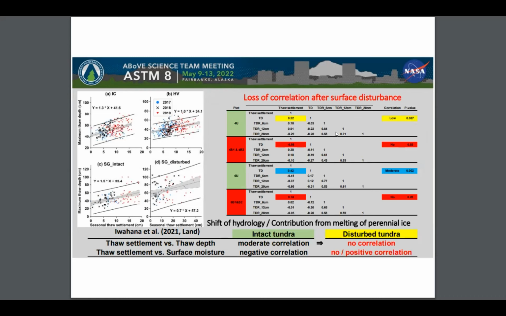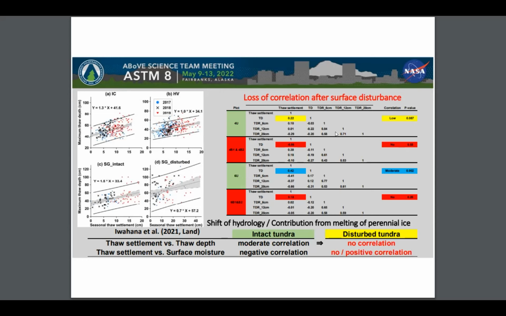However, we found no correlation in the disturbed sites between these 2 parameters. That is somewhat reasonable because the deeper sowing depth merely indicates the larger potential of seasonal soil settlement.